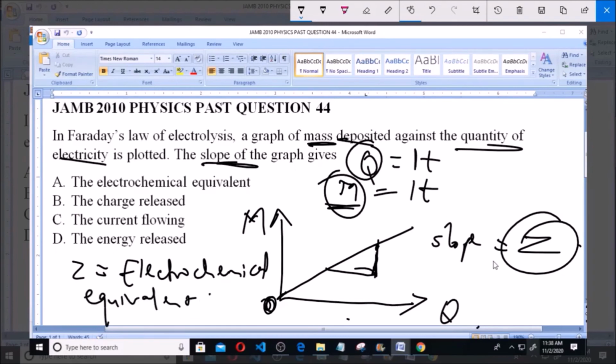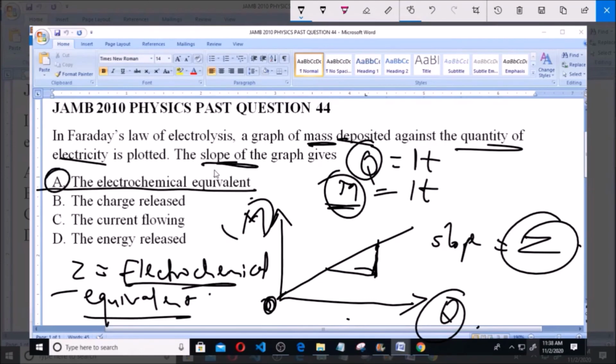So the slope of the graph of mass deposited against quantity of electricity is equal to the electrochemical equivalent Z. The electrochemical equivalent is option A. So option A is the correct answer to this question.